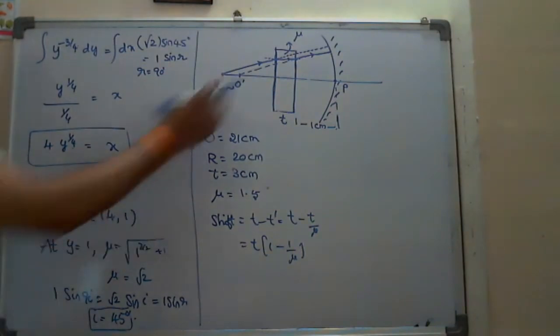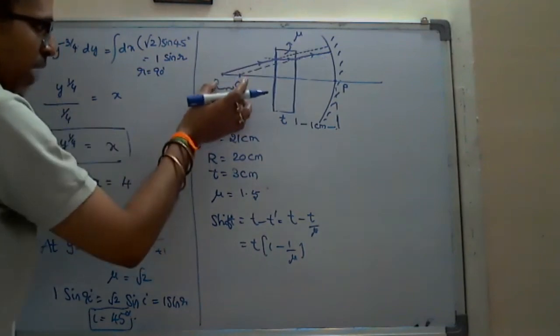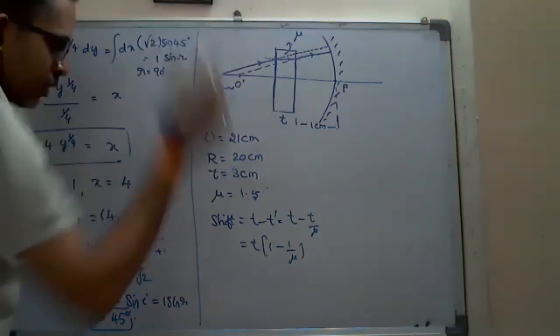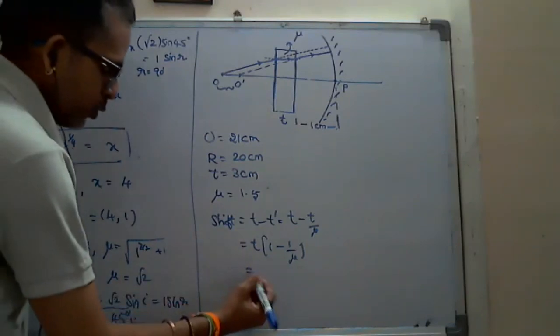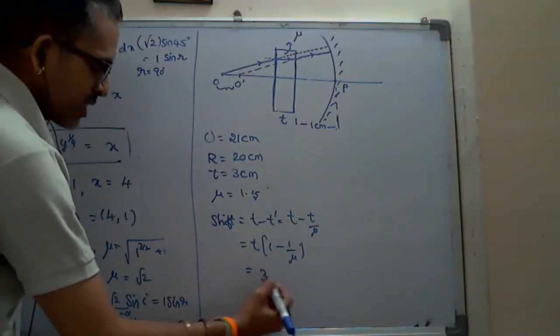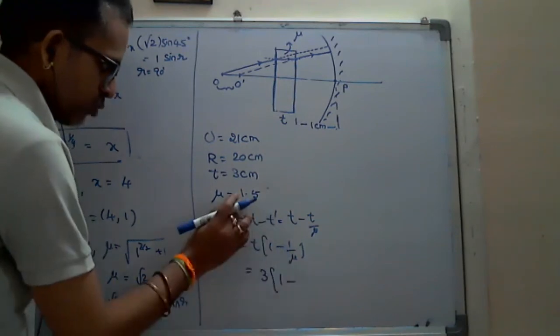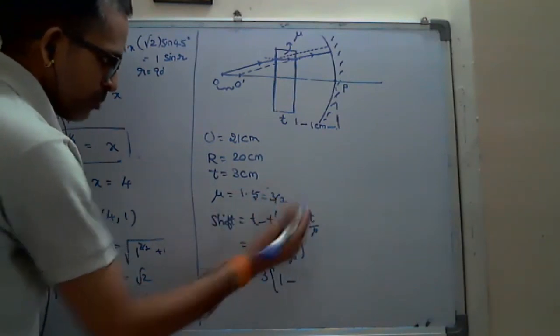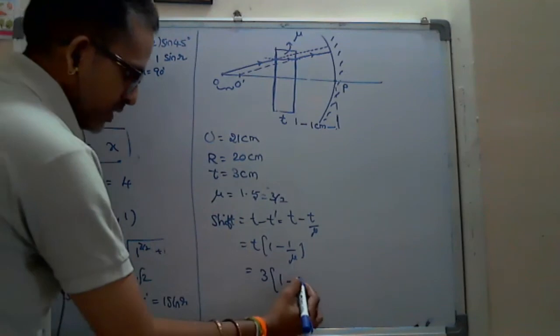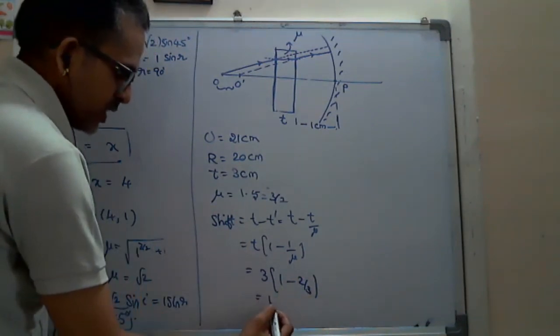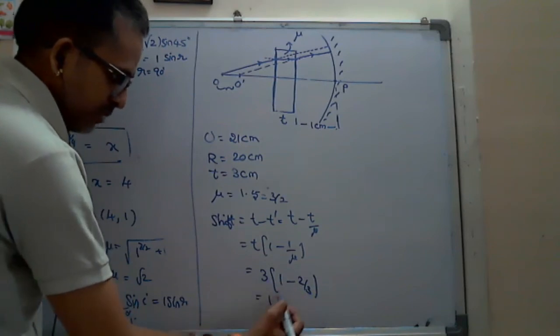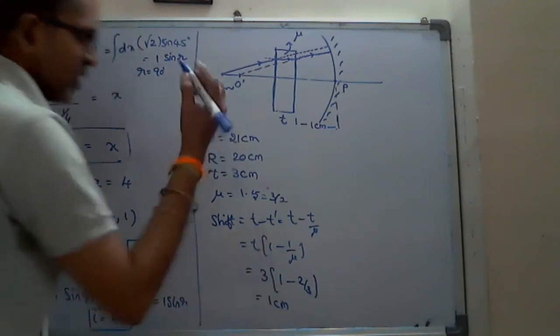So here, due to the refraction in the glass slab, I am finding a shift, that is t into 1 minus 1 by mu. T is given as 3 in the exam, and mu is 3 by 2, so 1 by mu means 2 by 3. 3 minus 2 gives 1, so the shift is equal to 1 centimeter.